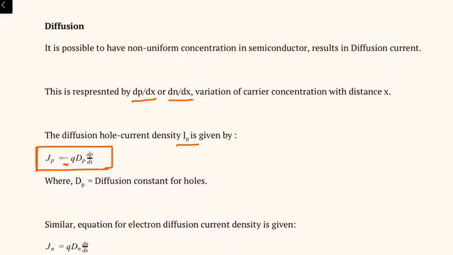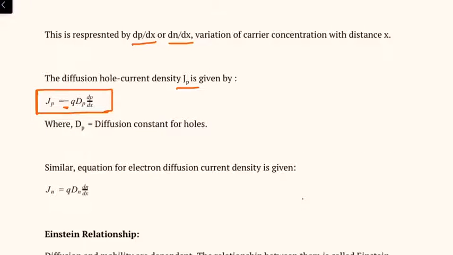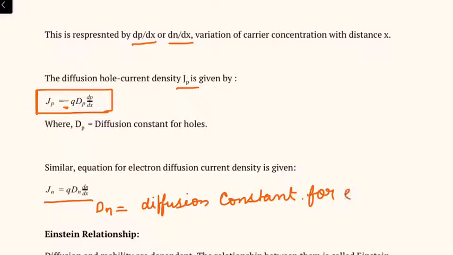Similarly for electrons, the diffusion current is given by Jn equal to q Dn dn/dx, where again Dn is the diffusion constant for electrons.